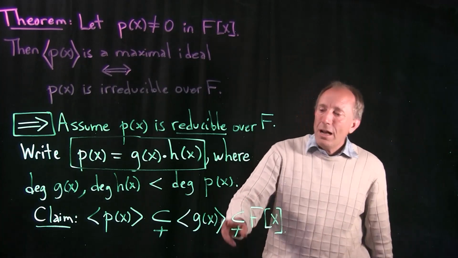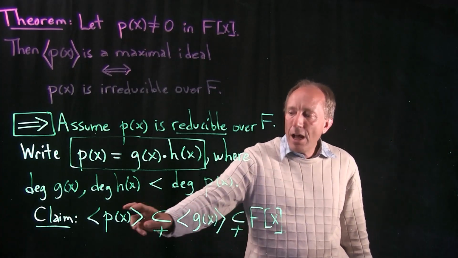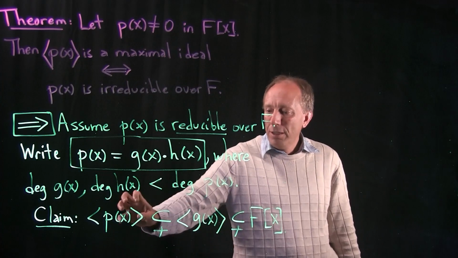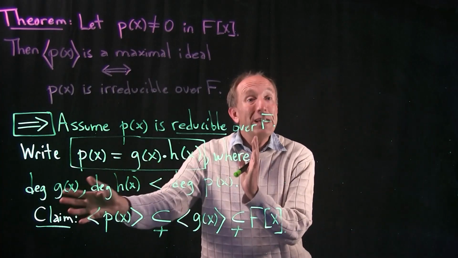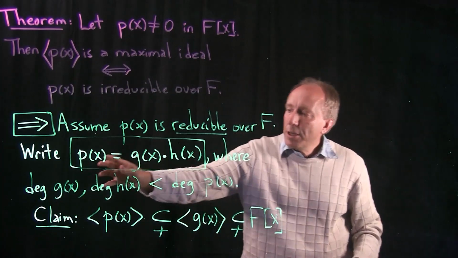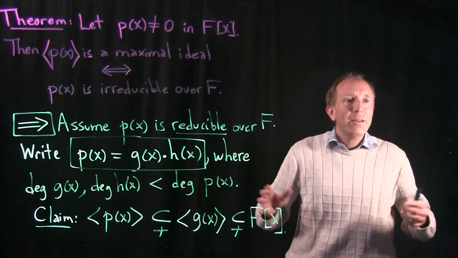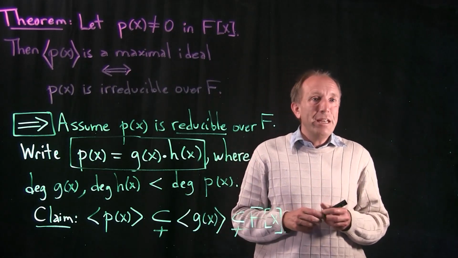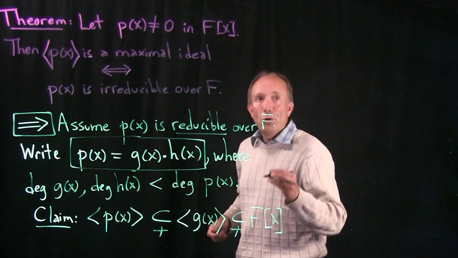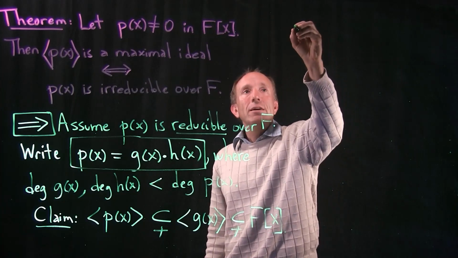However, I claim that g of x cannot be a multiple of p of x. And that's because of the degree. If g of x was a multiple of p of x, its degree would have to be at least as much as the degree of p of x. So let me just make a note of this here.